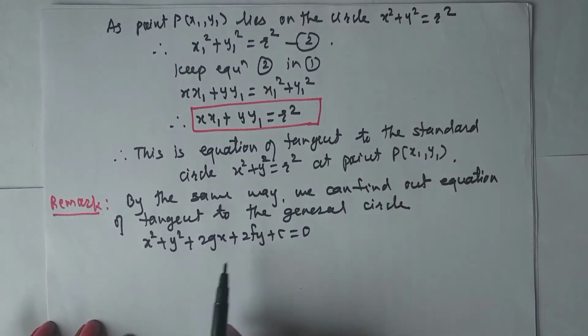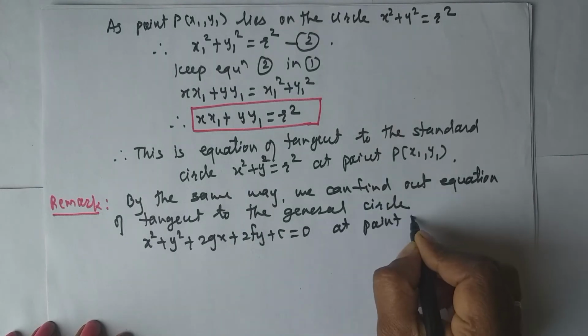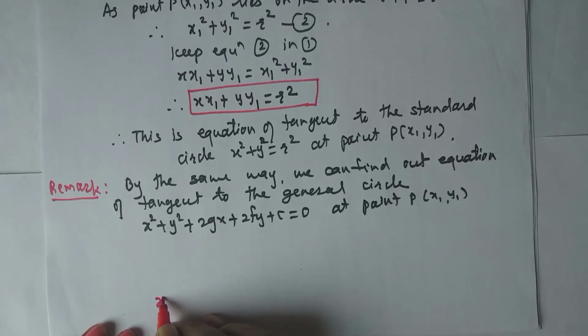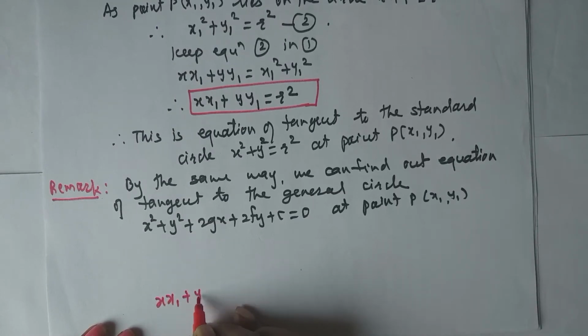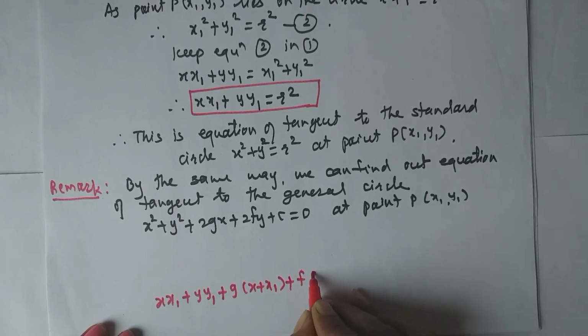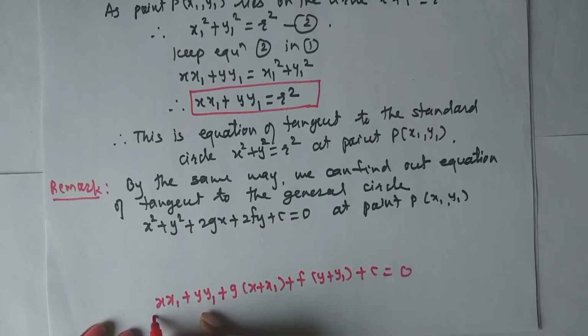In the same way we can find out the equation of tangent to the general circle at point P x1 y1, and that will be xx1 plus yy1 plus g into x plus x1 plus f into y plus y1 plus c is equal to 0.